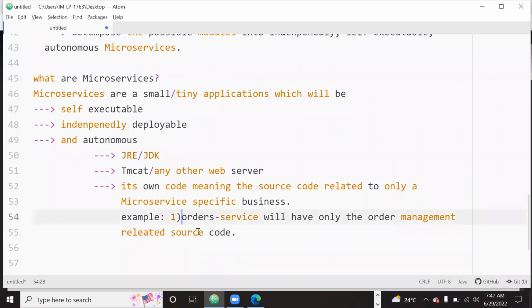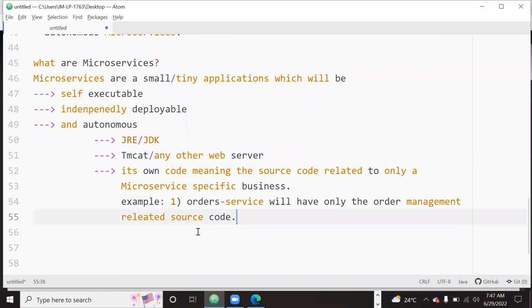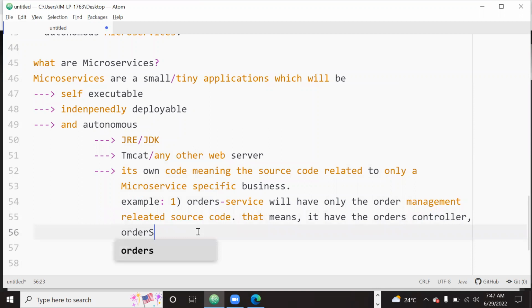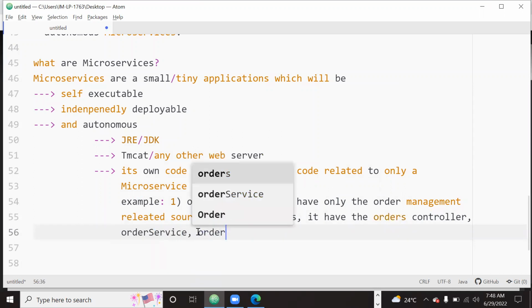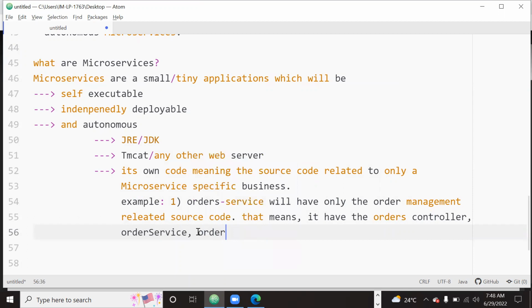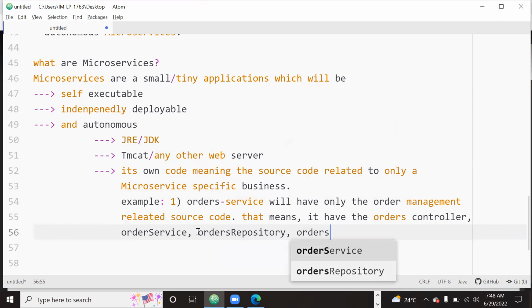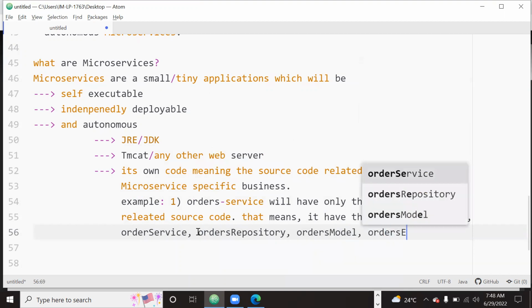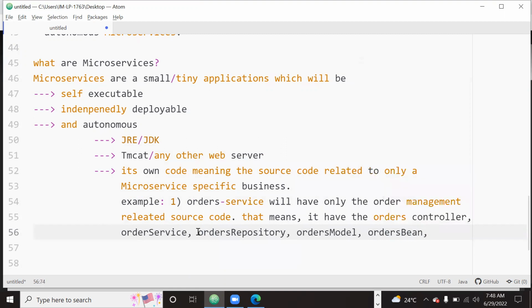That means it has the orders controller, orders service, orders repository, orders model, and then orders bean, right?